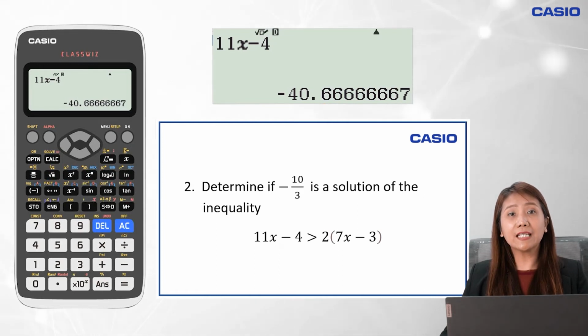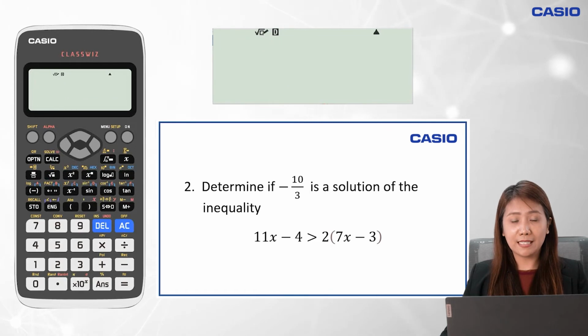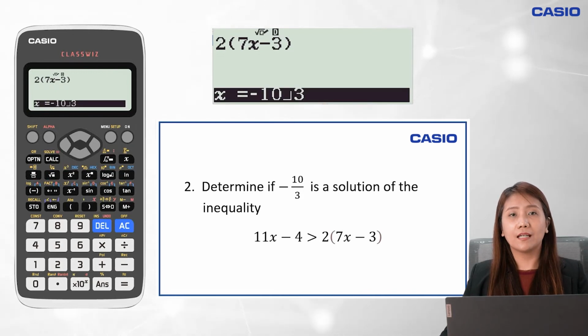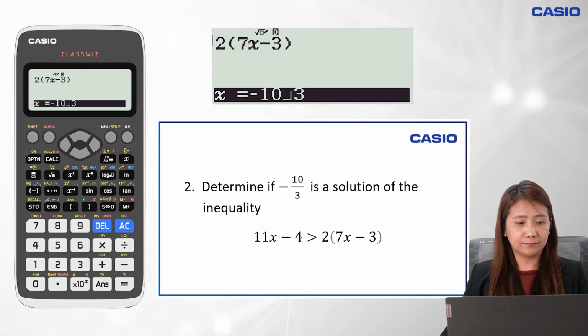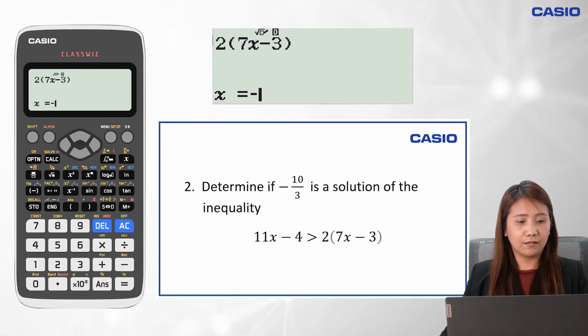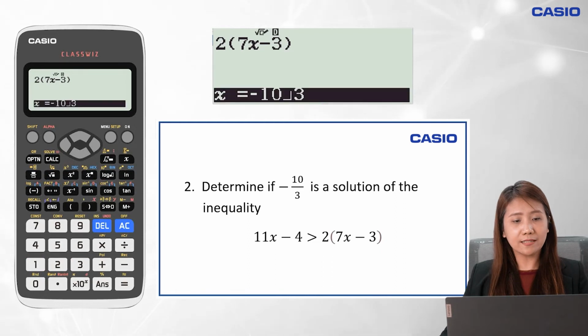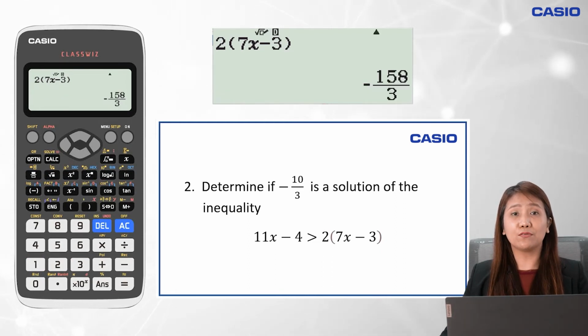This time, let's key in the expression on the second side. Let's input 2, open parenthesis, 7x minus 3, close parenthesis. Let's press Calc and key in the value of x, negative 10 over 3. We press the equal sign twice, and that will give us negative 158 over 3.